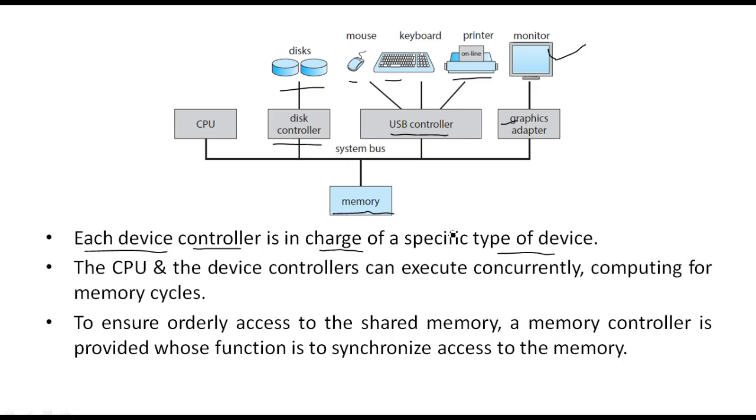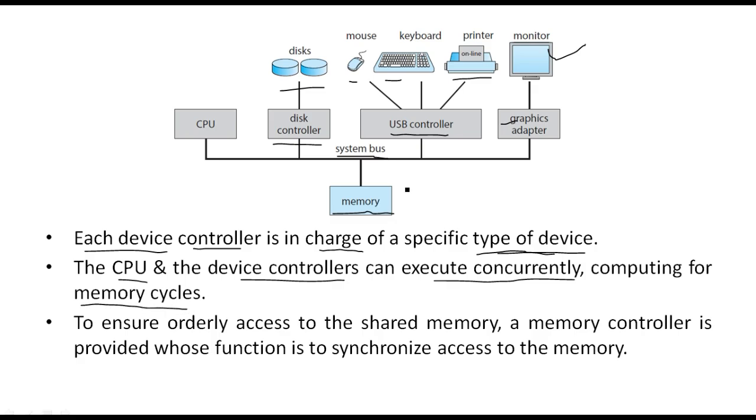So these are the specific types of devices which get connected to a common bus called the system bus. Now the CPU and the device controllers can execute concurrently, competing for memory cycles.